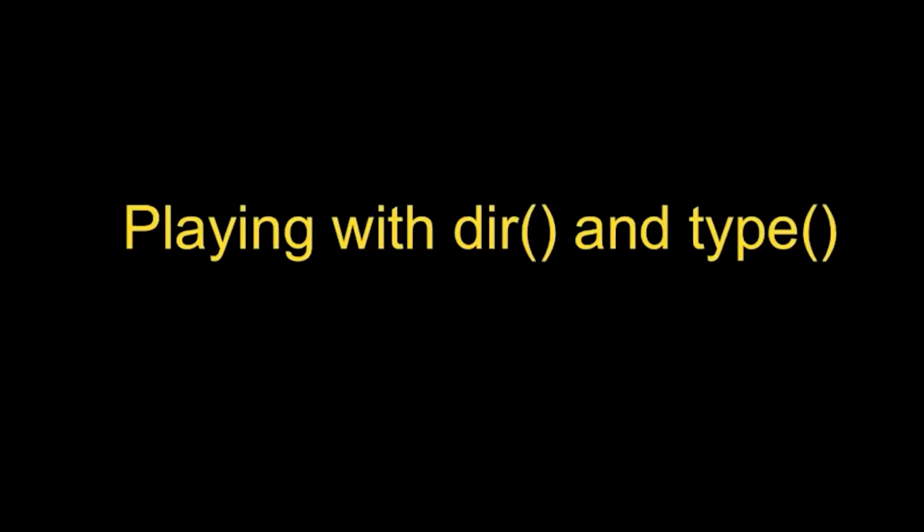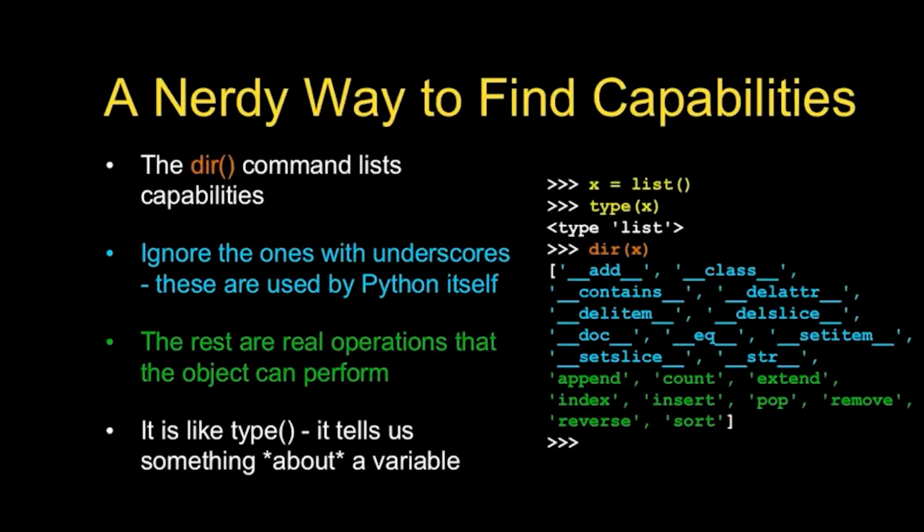Now that we've created this object, we can play around with things we've played around with before, like dir and type. We use dir and type to inspect variables and types and objects. So we've been using objects all along. This code here says, hey, make me an empty list.